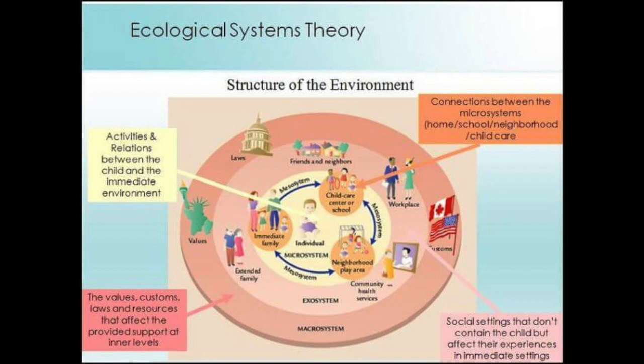So what I would like you to do now is pause this video, grab that first worksheet for task 2 if you haven't already got it. This is a blank diagram of Bronfenbrenner's ecological system theory. And I want you to take 2 to 3 minutes to fill in your personal information and your microsystem. Okay, so firstly fill in you at the center, who you are, your age, your gender, your personality, any special characteristics or needs you have.